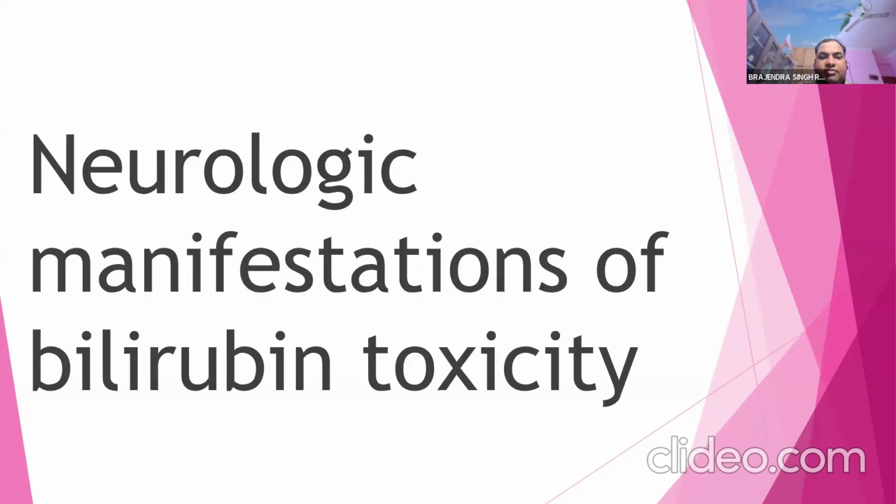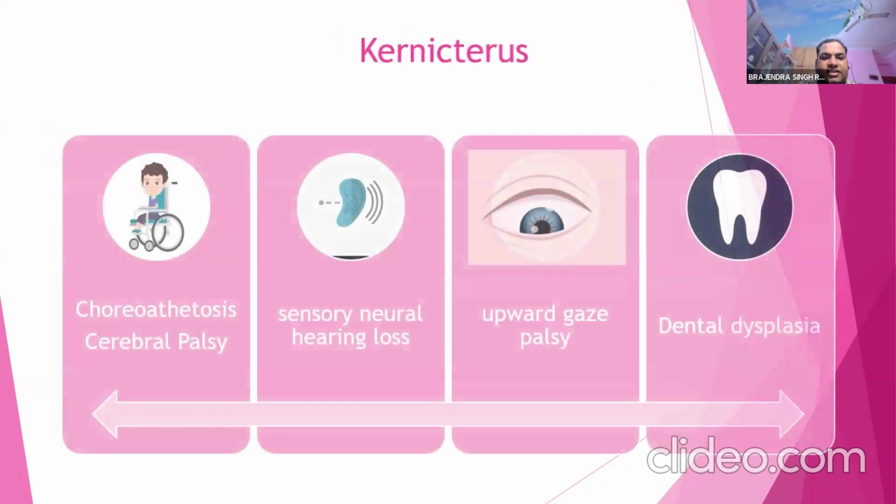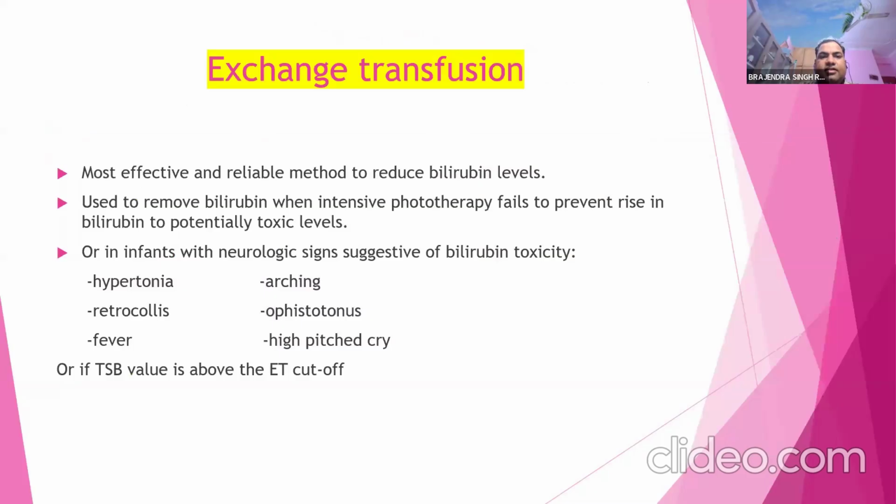Neurological manifestations of bilirubin toxicity include kernicterus and chronic bilirubin encephalopathy, with choreoathetoid, hypertonic or hypotonic cerebral palsy, sensorineural hearing loss, limitation of upward gaze, dental anomalies, and increased signal intensity of the globus pallidus on MRI. So in kernicterus, these are the characteristics, as we discussed.